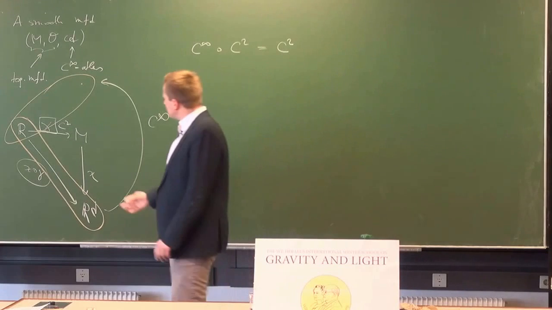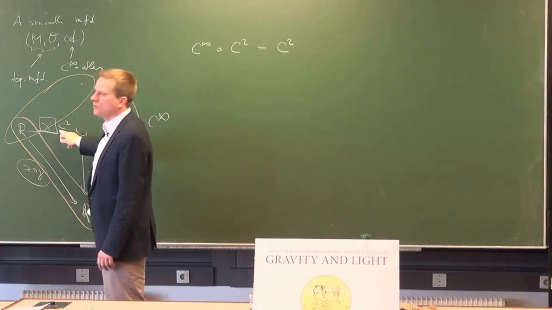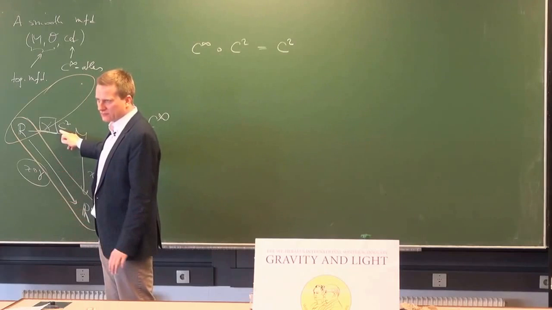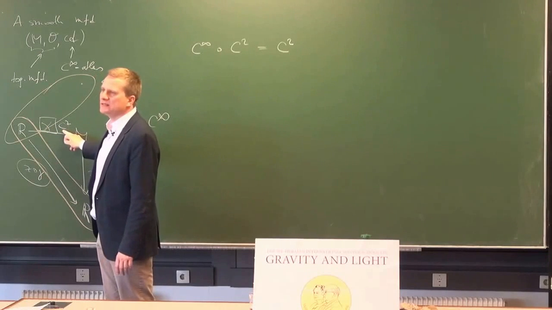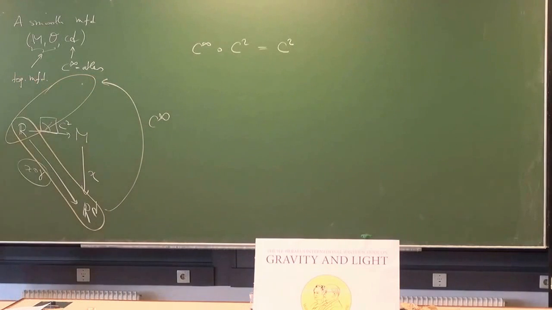Right? So it doesn't harm that you choose a C infinity manifold if you still want to consider, for whatever reason, curves that are only C2 but not C3. And all the Whitney theorem says, it doesn't say the objects you look at must then be C infinity. It says it doesn't harm the C2 objects if you choose the manifold C infinity, and you always can.